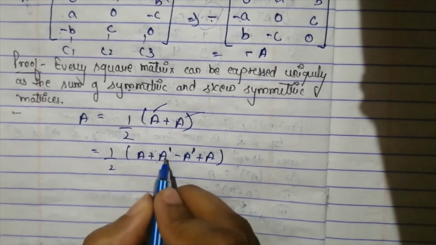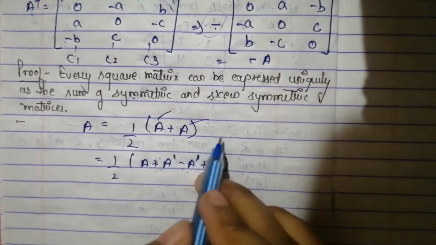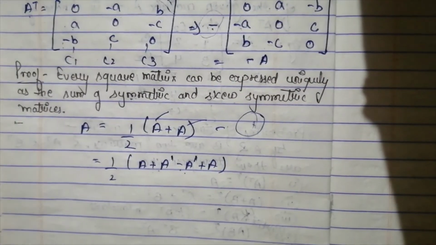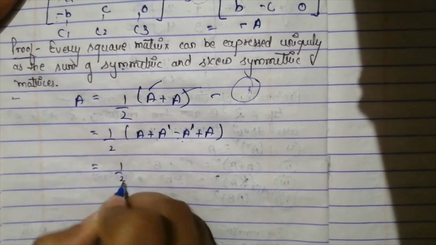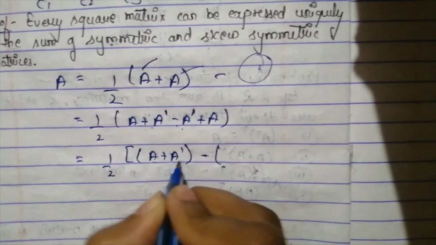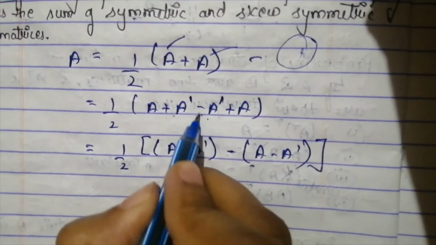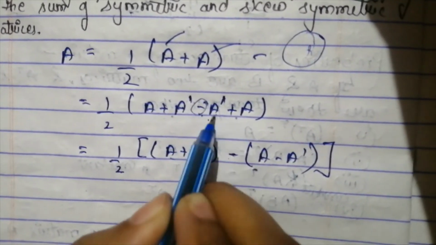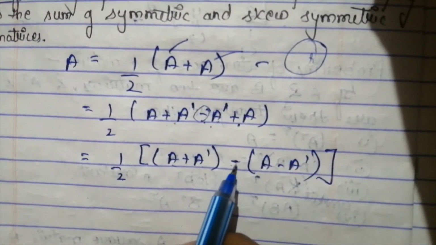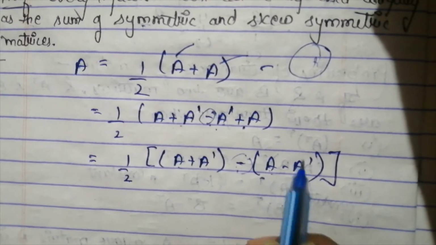If we add A dash and subtract A dash in the above equation, it will not affect the equation. Now we will make a combination A plus A dash minus A minus A dash, as we take the negative sign common in the next equation. As we take the negative sign common, it will give A minus A dash.